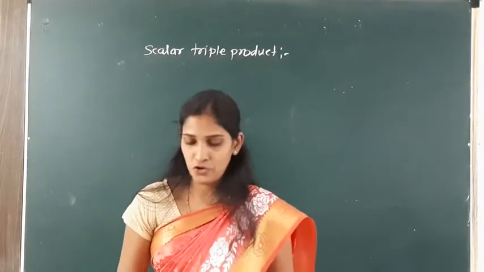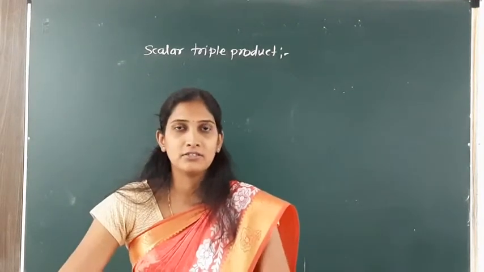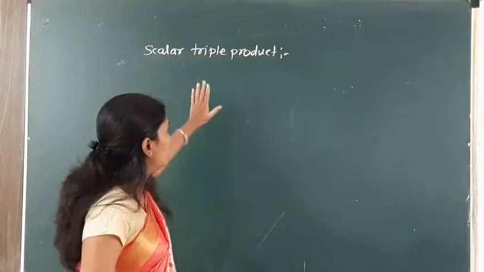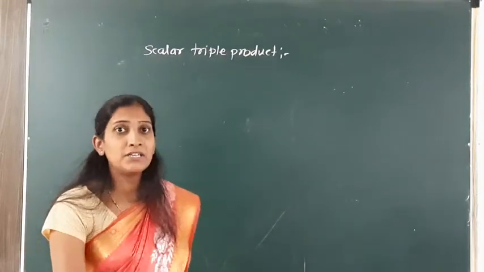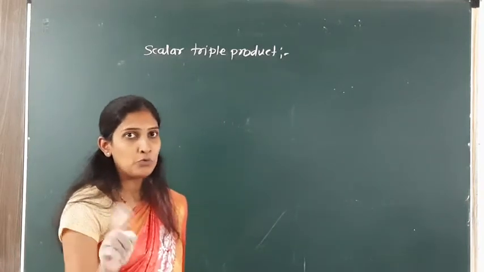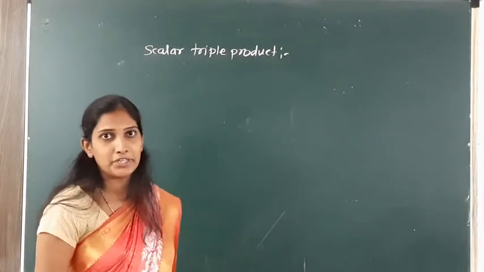This point is not for the board examination because our government omitted 25% of the syllabus. So this is not for HSC examination, but for JEE and CET. For the JEE and CET examination, you have to know this point, that is scalar triple product, and it is a very simple point.